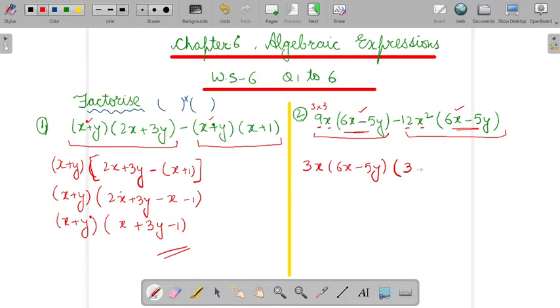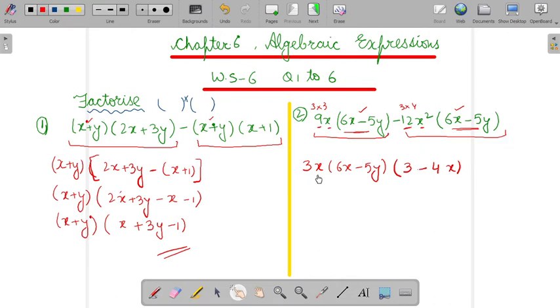Put the minus sign. Now from 12, 3 we have already taken, so this is 3 into 4. So we will write 4. From x square, one x is outside, so 1x will be left. And this 6x minus 5y we have already taken out, and close the bracket.